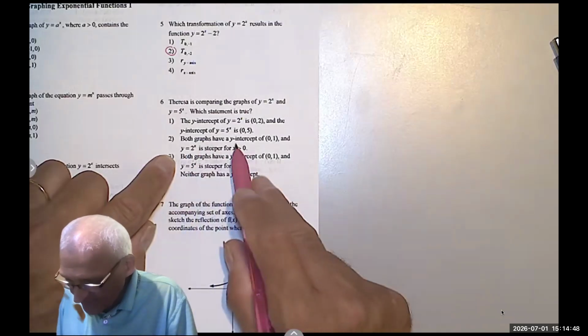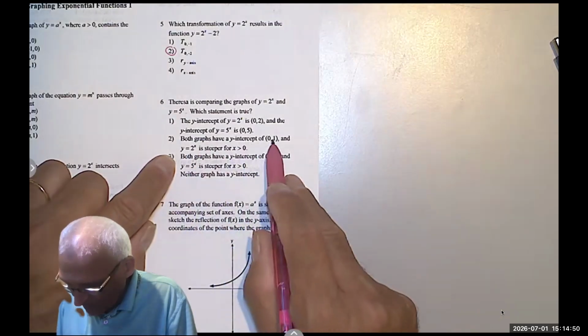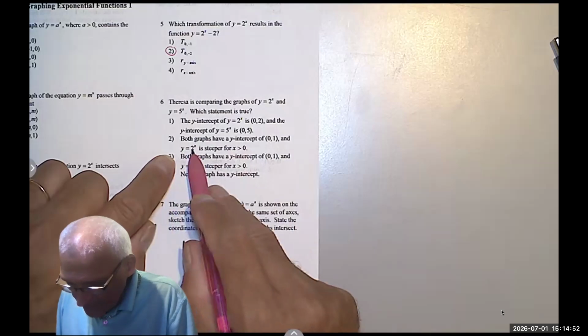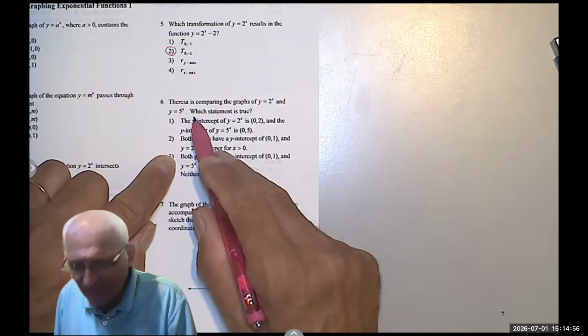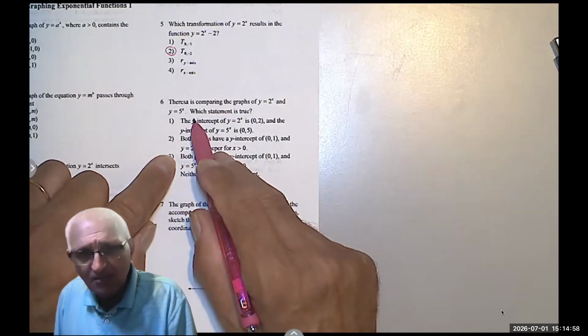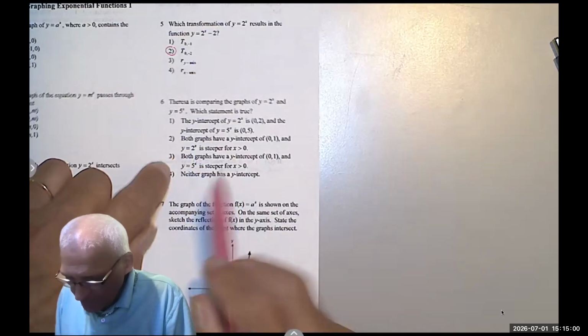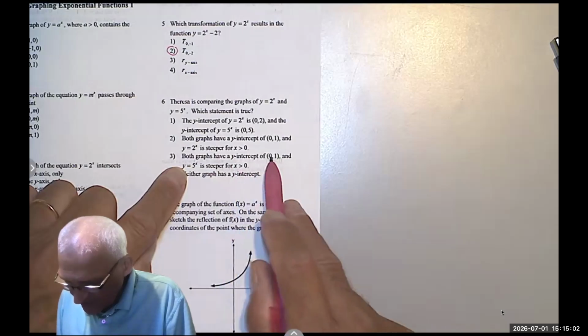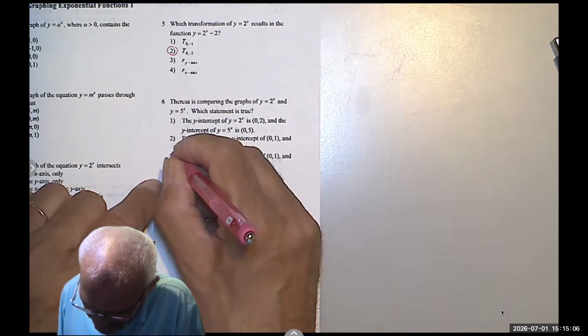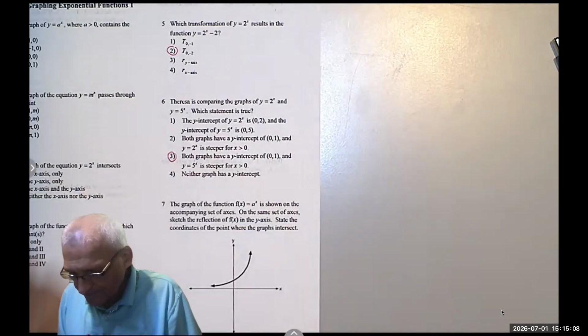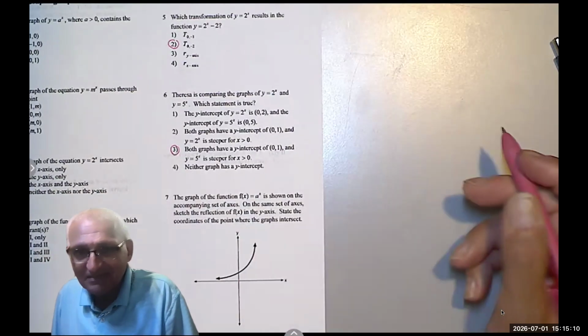Both graphs have a y-intercept of 0 and 1, yes, and y equals 2 to the x is steeper than 5 to the x. No, of course, 5 to the x is steeper, right? Both graphs have a y-intercept of 0 and 1, and y equals 5 to the x is steeper. So that is correct. Neither have a y-intercept? No, they do.